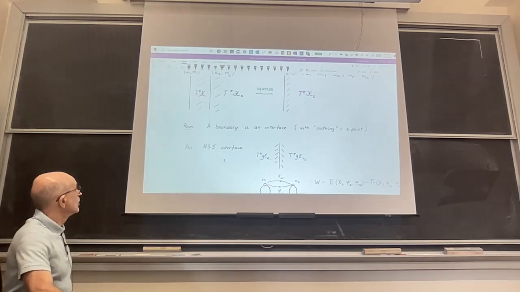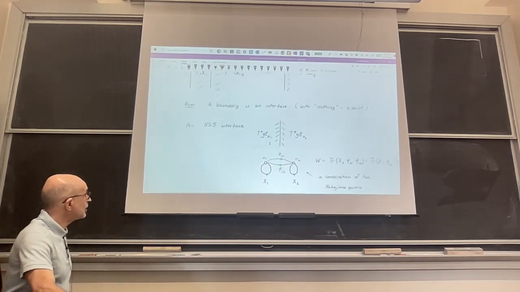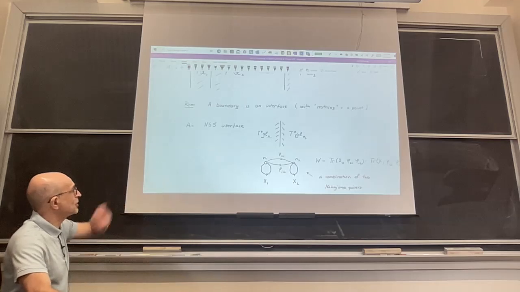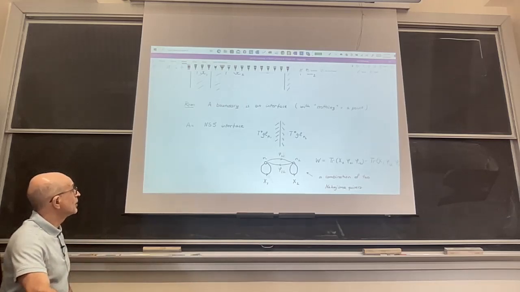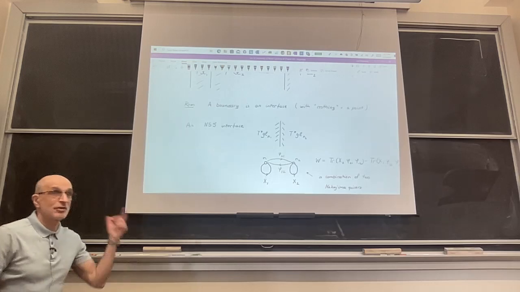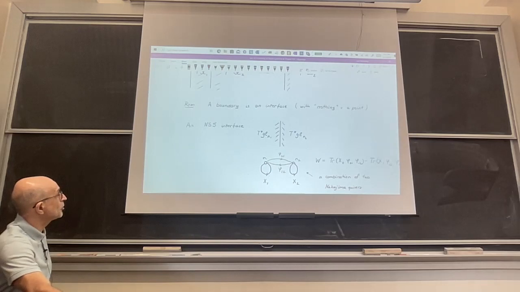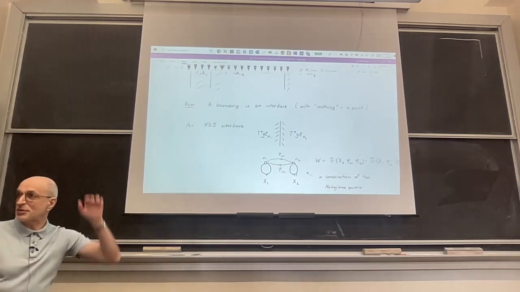So what is an NS5 interface between two cotangent bundles? Let's forget about equivariance for a moment. This is what you do. You have the pink quivers that describe these, and you keep only one arrow because we need the base. We ignore the fibers.